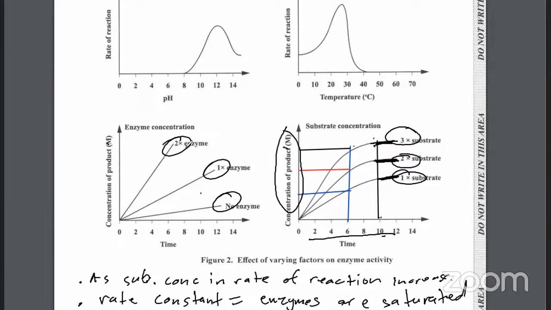So if you increase enzyme concentration, rate increases because collision between enzyme and substrate is increasing, all right? Temperature. Also, when it comes to enzyme and substrate, the protein, the enzyme structure is not affected. So the enzyme being denatured does not occur with enzyme or substrate concentration.